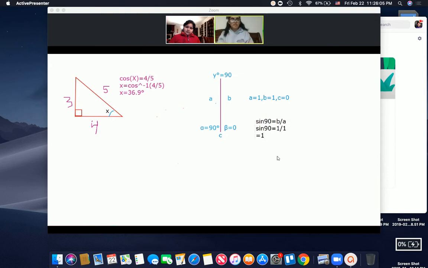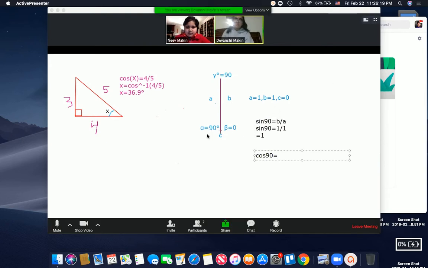Now, if I were to do it for cos, we would use a similar mechanism where we would do cos of alpha, which is 90, over here, which is equal to adjacent over hypotenuse. Adjacent in this case is the value of c over here.